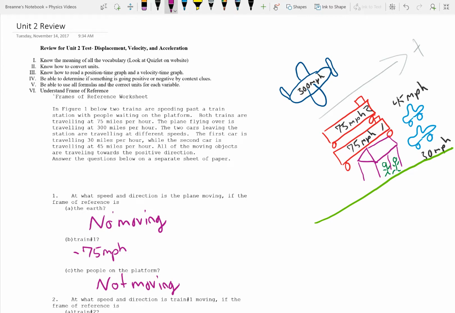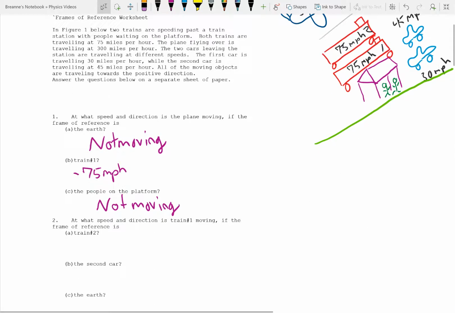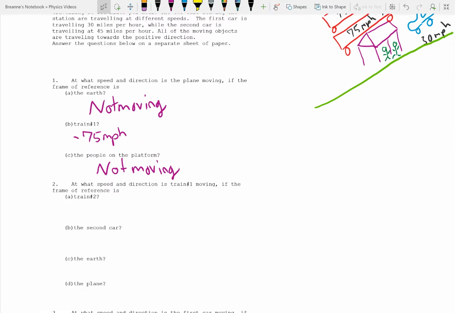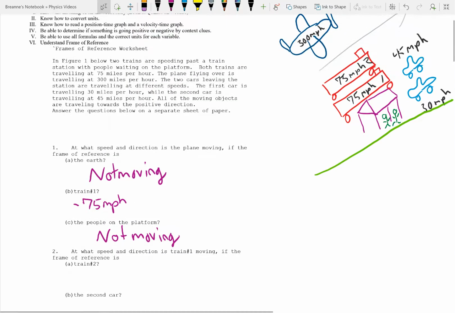So you have to think about what frame of reference you're dealing with. Oh no, our pictures are going to go away, I'll scroll back and forth. Okay, so at what speed and direction is train 1 moving in the different frame of reference? Dealing with train 1 to train 2, we notice they're moving at the same speed.